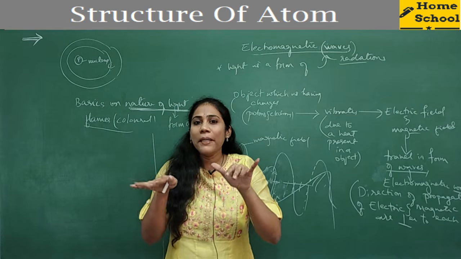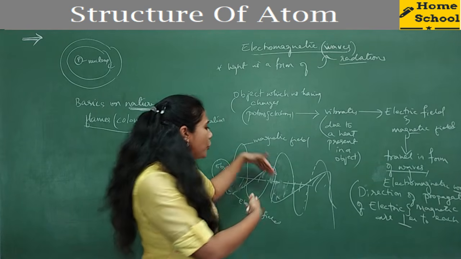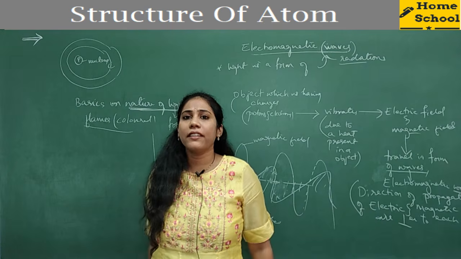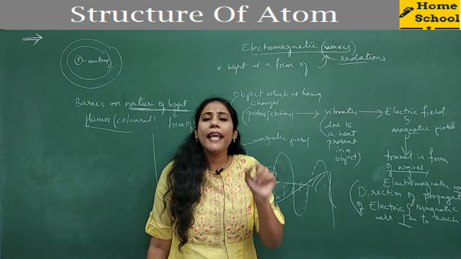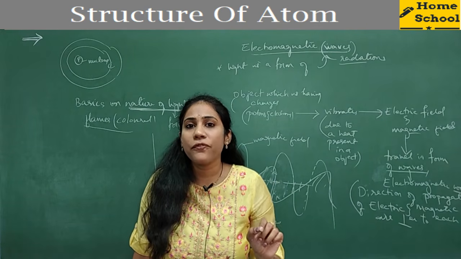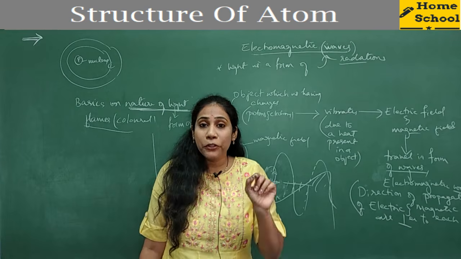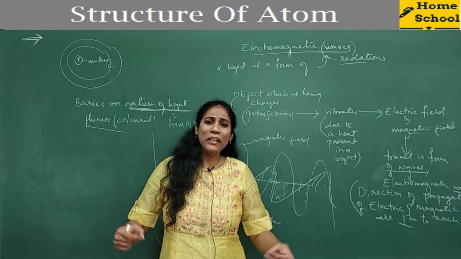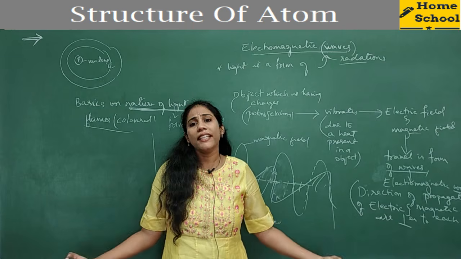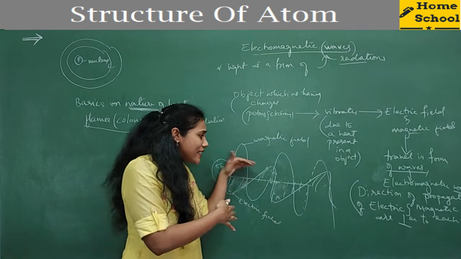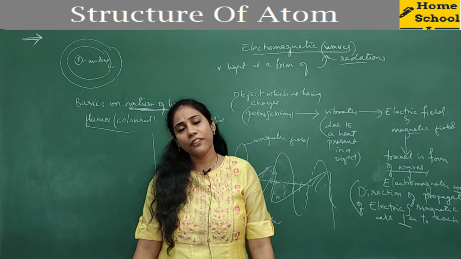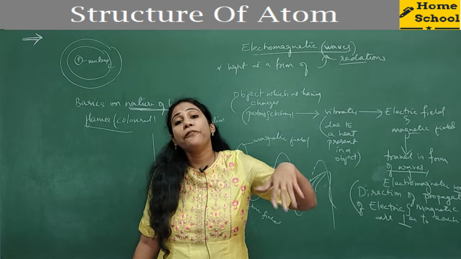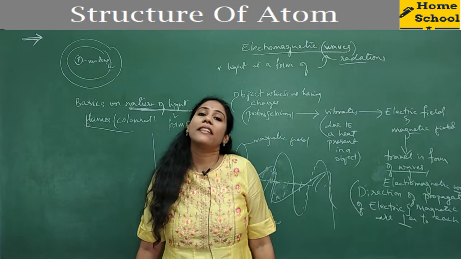And when they vibrate, definitely these electromagnetic waves originate. That means each and every body in the atmosphere is producing electromagnetic waves. But every object or every body will not produce the same type of electromagnetic waves. They produce different types of electromagnetic waves.